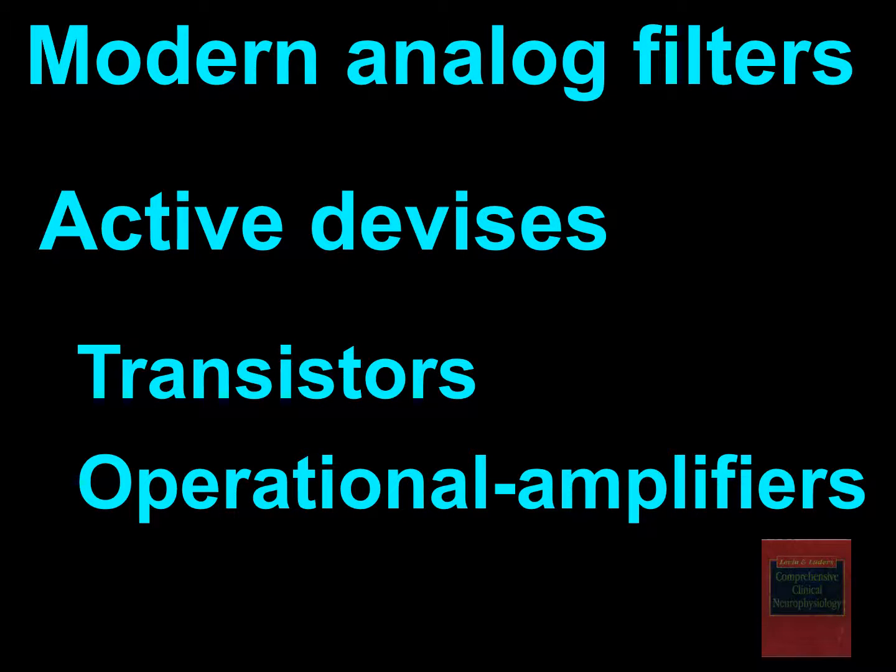Modern analog filters are made of active devices such as transistors and operational amplifiers. The benefit of modern analog filters over classical analog filters is that the modern analog filters can be more precise as to the band of frequencies they can analyze.